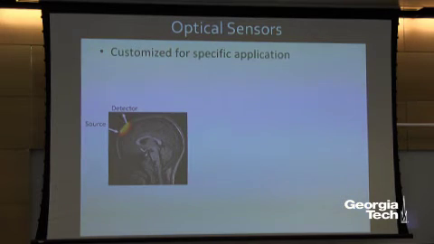So the patient interface that I alluded to in the last slide, we customize it for our specific applications. So like I was saying, the farther apart we place our source from our detector, the deeper we can go. But there's a limit, so we have to be able to detect enough photons. So we're always weighing those two considerations.